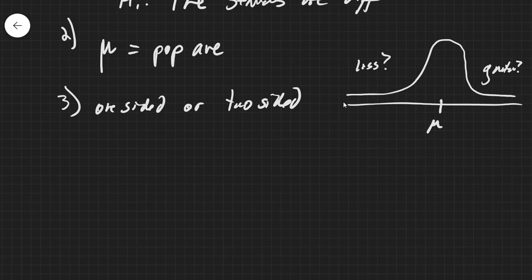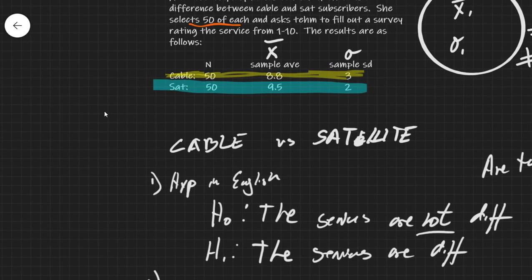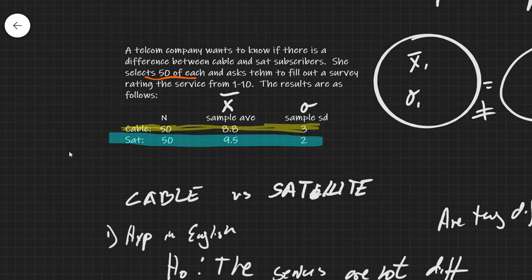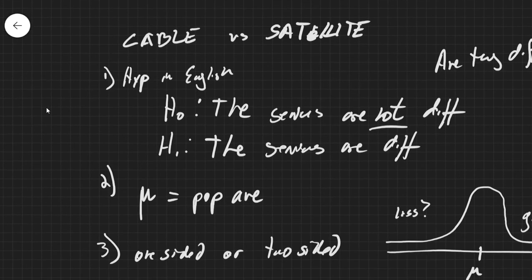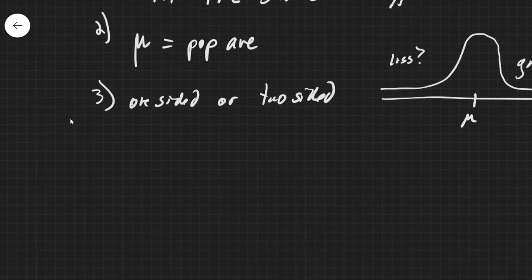And you have to go back to the original question for this, right? Probably in the real world, we do care. But here, the subscriber company only wants to know if there is a difference. So we really don't care if one's better than the other. We just care if they're different. That makes this a two-sided test.